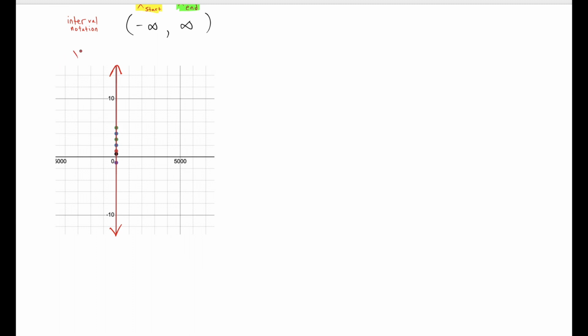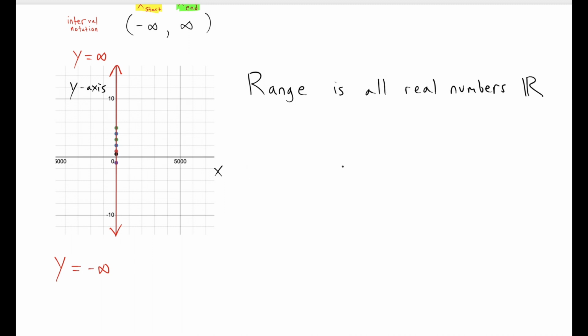And that's heading toward a destination of y equals infinity for the top and y equals negative infinity for the bottom, because this is the y axis. And that's the x. So the range is all real numbers. That would be fine to say here.